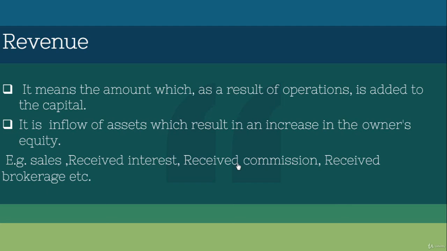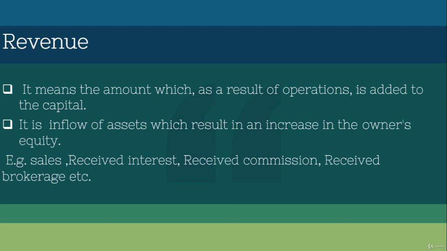What we get from operational activities is called revenue, and it is added to the capital. For example, sales is one of the revenues, as are interest received, commission received, and brokerage received.